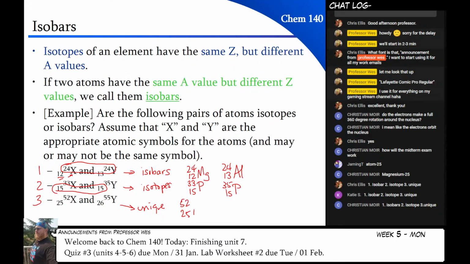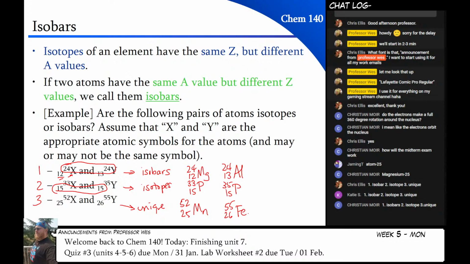I don't have these memorized, I just have picked them up over a long time. 26 is definitely iron, that one I memorized. Not worth memorizing the periodic table, just look at it. There you go. So there's nothing in common about those two. They don't weigh the same thing, they aren't the same element, they're just unique. Okay, cool.